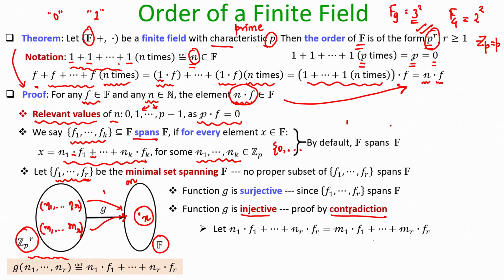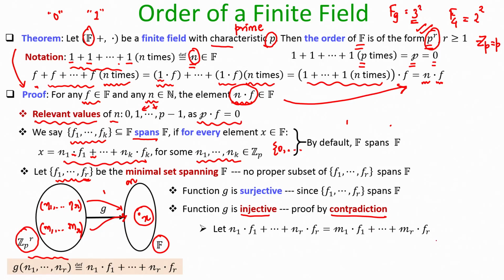What does that mean? It means that you take the linear combination of the elements of your spanning set as per the combiners N1 to NR, and if you take the linear combination of the elements of your spanning set as per the linear combiners M1 to MR, you get the same field element. That is what it means when I say that the mapping G is not injective. Now, if this is the case, I have to arrive at a contradiction.